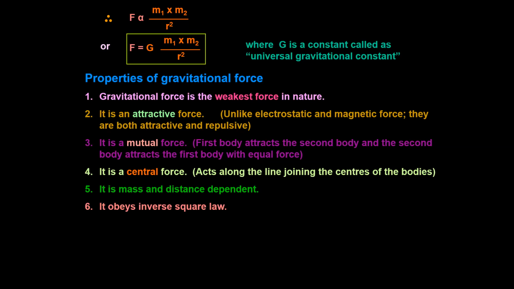What is the inverse square law? I'll give you an example. Let's see the intensity of light to an observer. Suppose the intensity of the light to an observer from a source is inversely proportional to the square of the distance from the observer to the source.